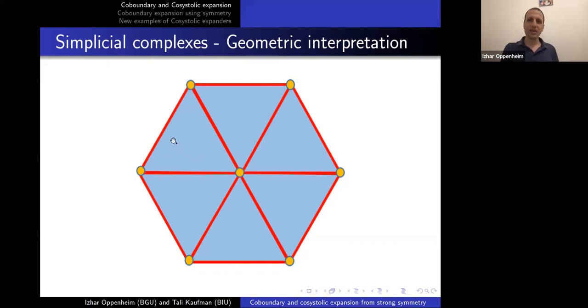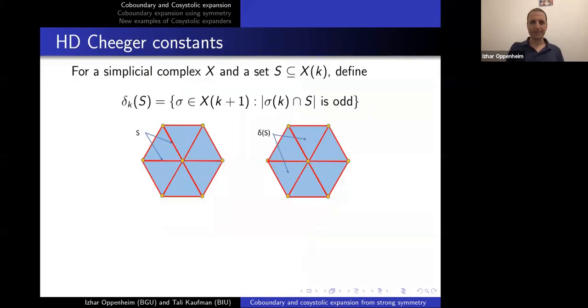And the condition is that if I have this triangle, I also have all these edges, because if I have the set of these 3 vertices, I also have the sets of each 2 vertices. So you can think of 1-dimensional faces as edges, 0-dimensional faces as vertices, 2-dimensional faces as triangles, 3-dimensional faces as pyramids, and so on and so forth. That's the geometric interpretation.